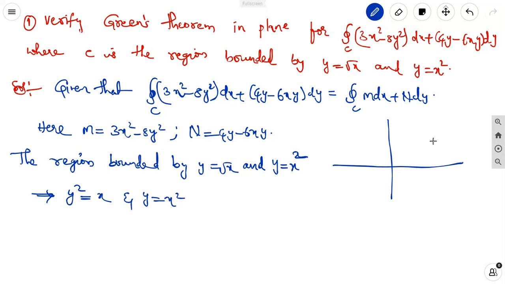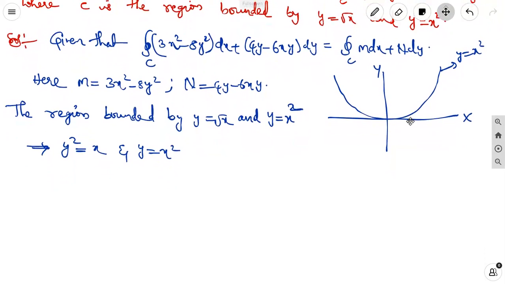Here it is the xy plane, with the y axis and the x axis. y = x² is the general form of the parabola equation. For the other curve, y = √x, we take values.